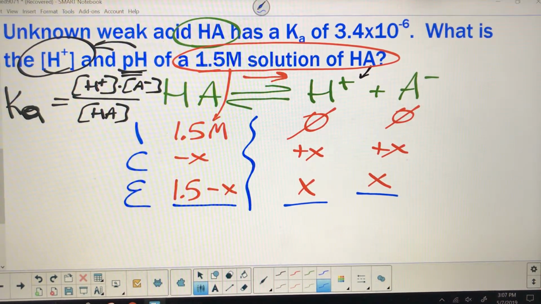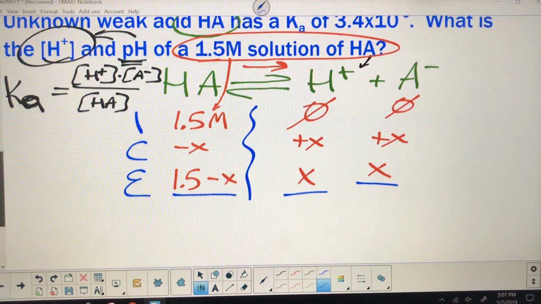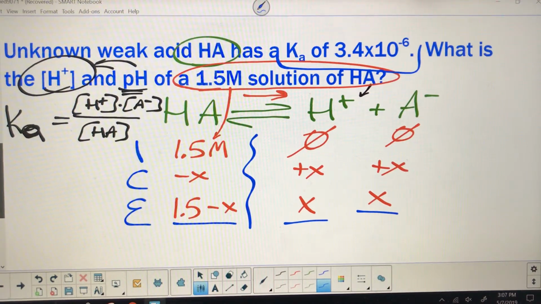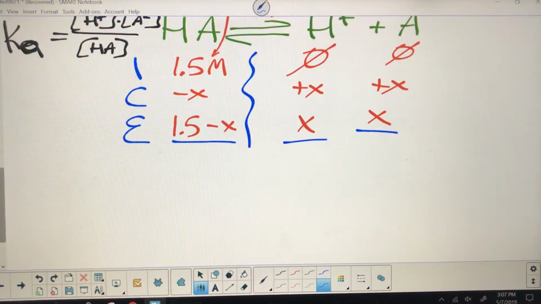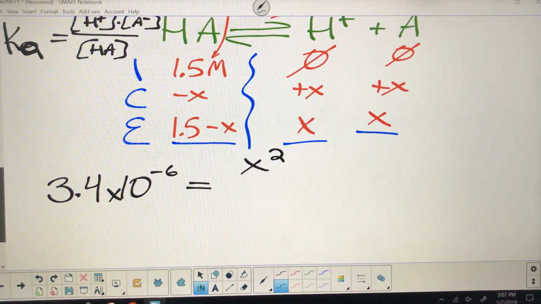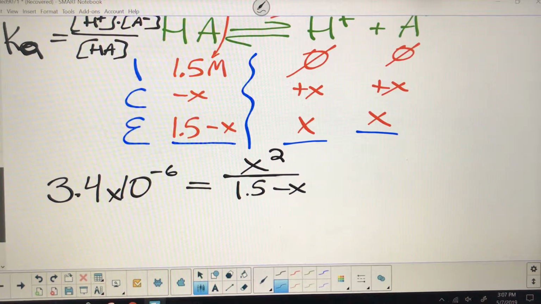What I want to do now is take a minute and plug all these numbers, including my Ka value up here, into my expression. So I'm going to do that underneath here. What was it again? 3.4 times 10 to the negative 6th equals x squared over 1.5 minus x.